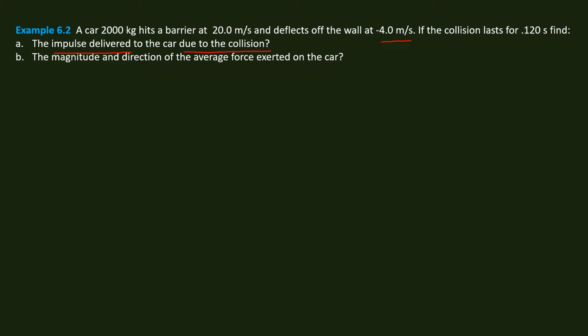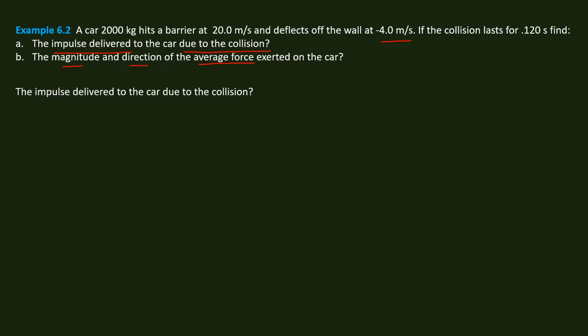Another example: a car, 2,000 kilograms, hits a barrier at 20 meters per second and deflects off the wall at negative 4 meters per second. So we've already established our pluses and minuses. If the collision lasts for 0.120 seconds, find the impulse delivered to the car due to the collision, and the magnitude and direction of the average force exerted on the car.